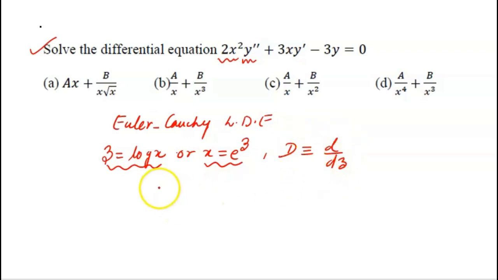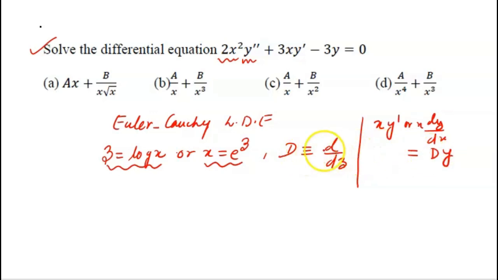And what we do, we replace the term x dy by dx with Dy. Now again, I repeat, this D now stands for d by dz. If you have x square y double dash, you replace this term by D into D minus 1 y.